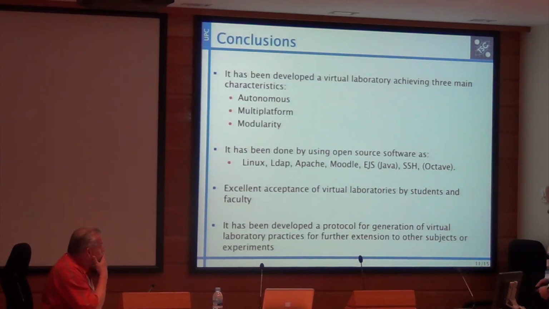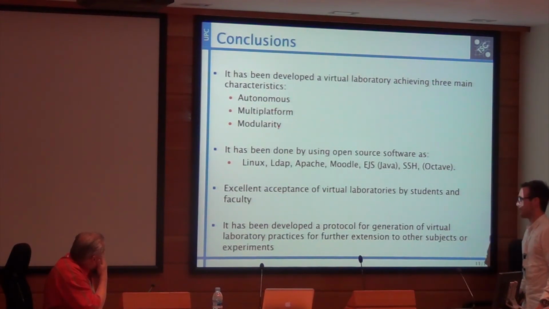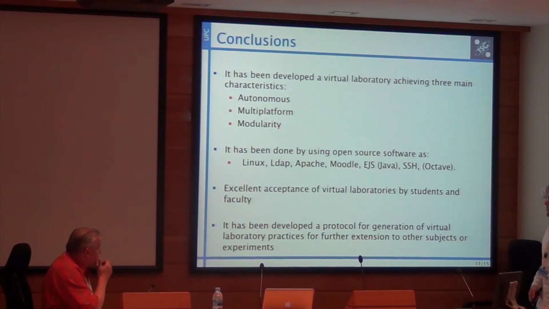In conclusion, I can say that a virtual laboratory has been developed with three main characteristics: an autonomous system, a multiplatform system, and modularity. Most of the tools that we have used are free software, like Linux, Moodle, Easy Java Simulations, and SSH. It has had good acceptance of virtual laboratories by students, teachers and the faculty.